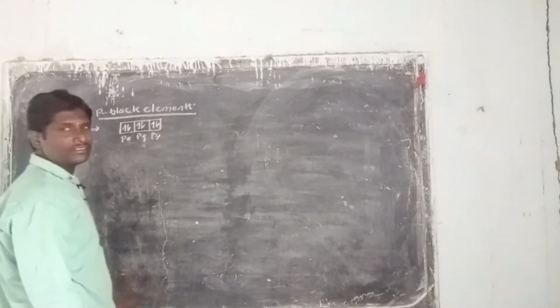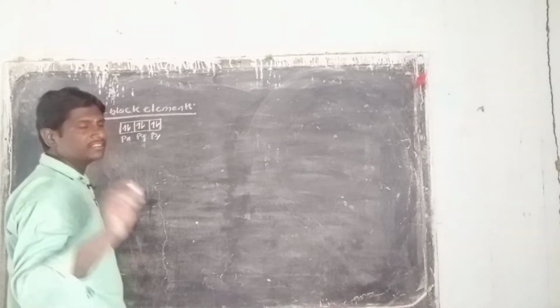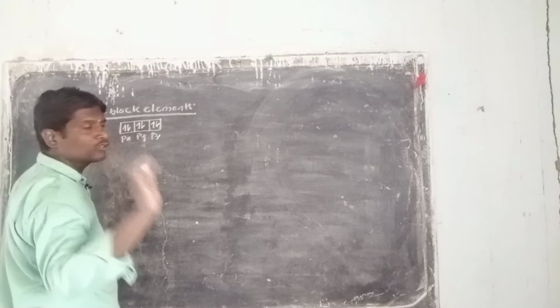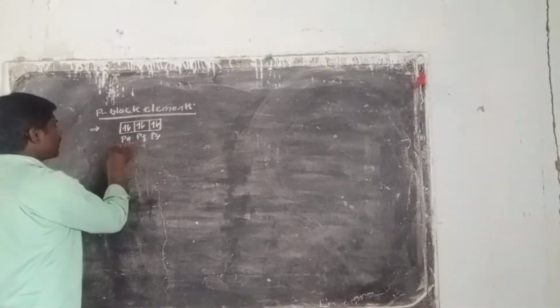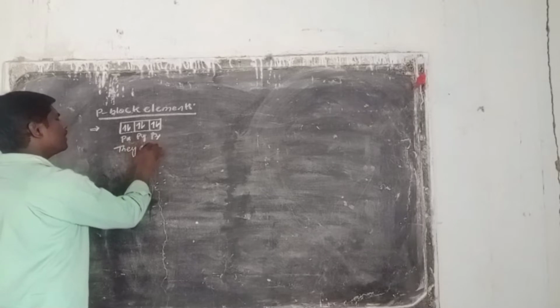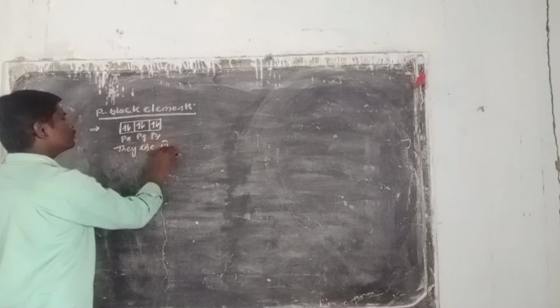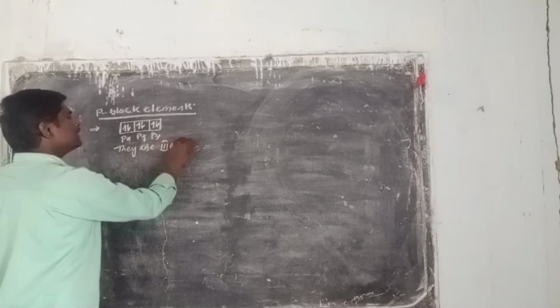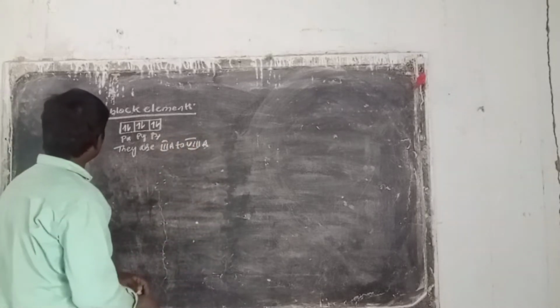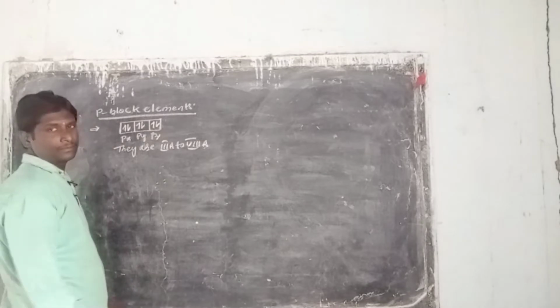So 6 electrons occupy the p orbitals, and these are converted into 6 groups. They are third A, fourth A, fifth A, sixth A, seventh A, and eighth A. These groups are the p block elements.